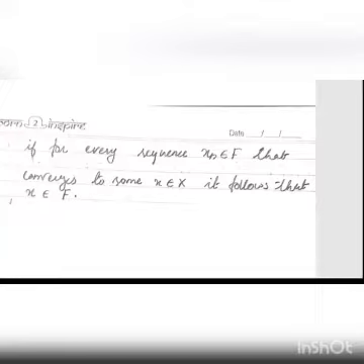I repeat, a set F is said to be closed if every sequence in F that converges to some x belonging to X has its limit x contained in F.